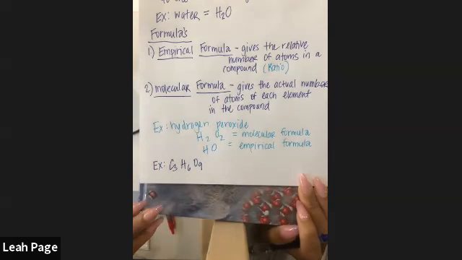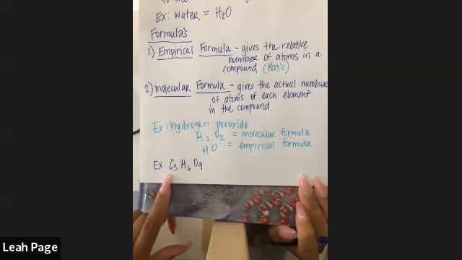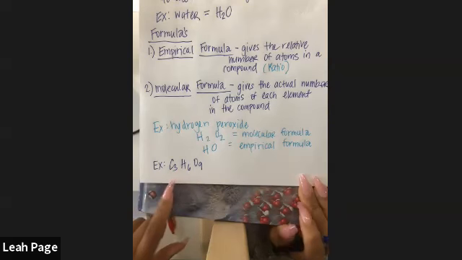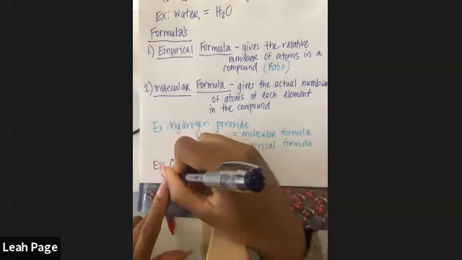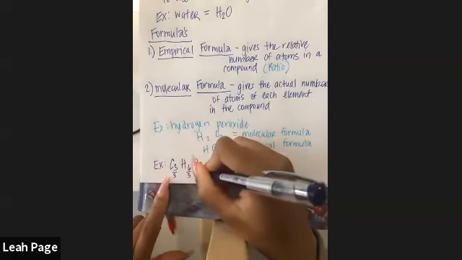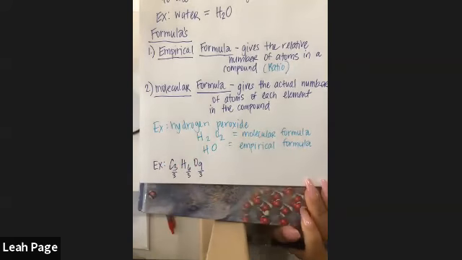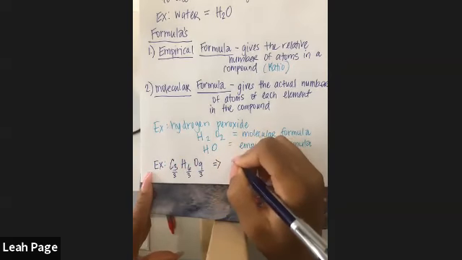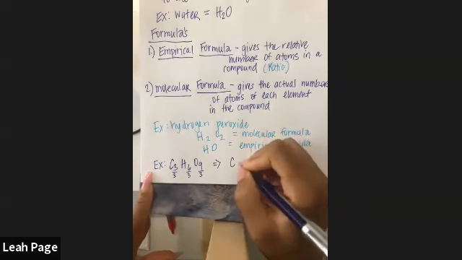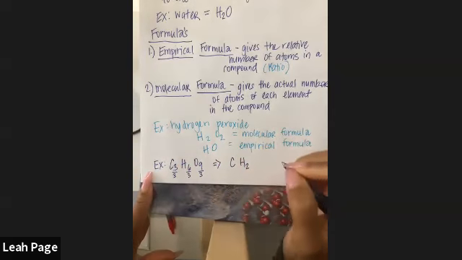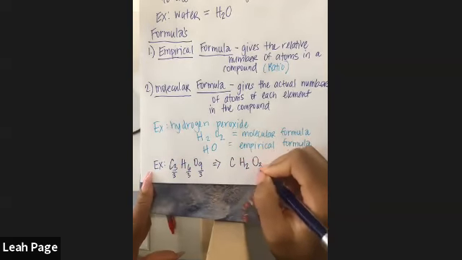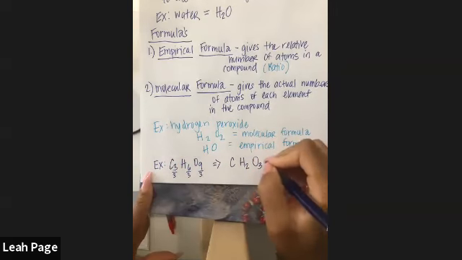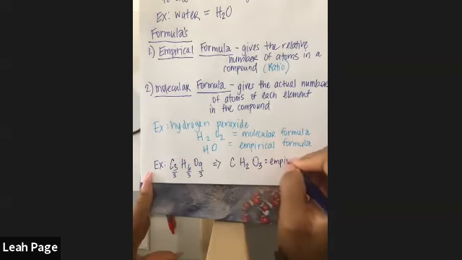Okay, so what we'd have to figure out is what do they have in common? And what they have in common is that they all have a 3 in common. So I could essentially just divide all these by 3 and still get a whole number. So what this would really say for my empirical formula is 1 carbon atom for every 2 hydrogen atoms for every 3 oxygen atoms. And this would be the empirical formula.